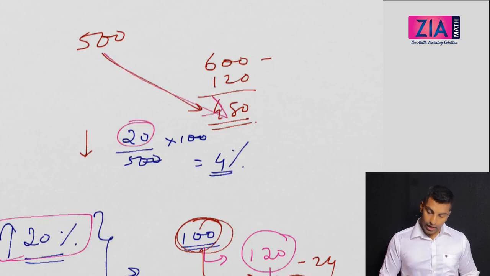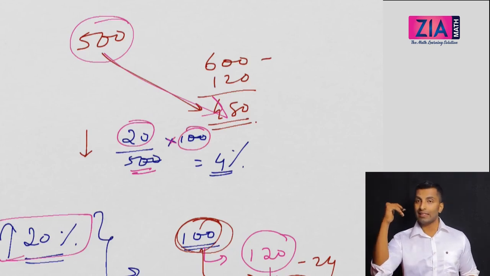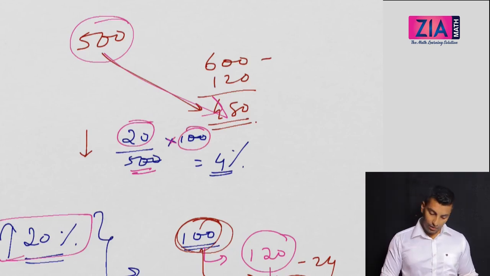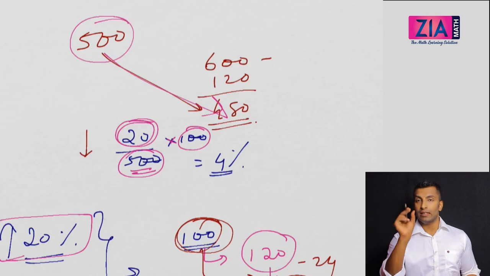Final value minus initial value, that's the change, 20, divided by the initial value, that is 500, the denominator, into 100. So you don't want to think all this way, just take the change divided by the base, that is 500, into 100.